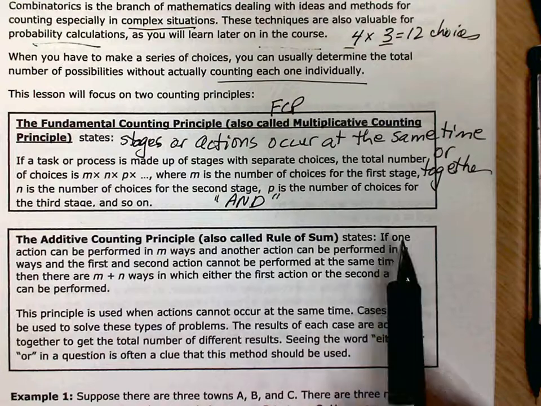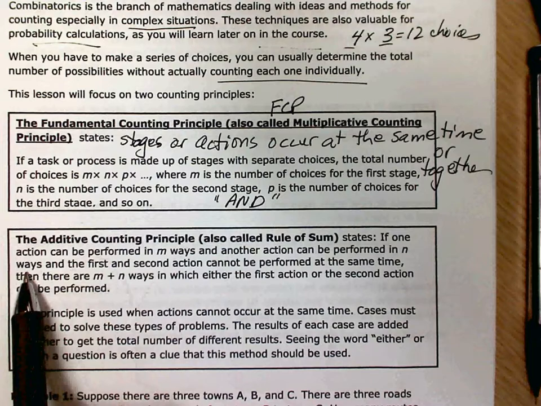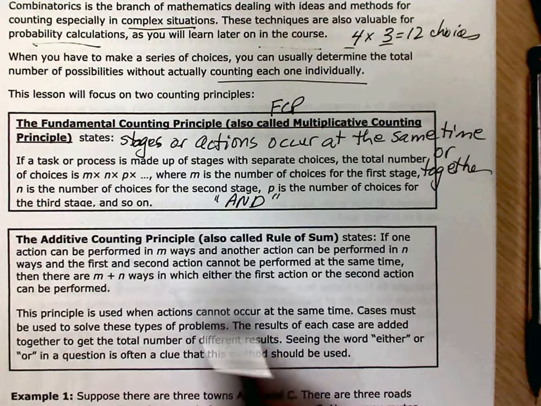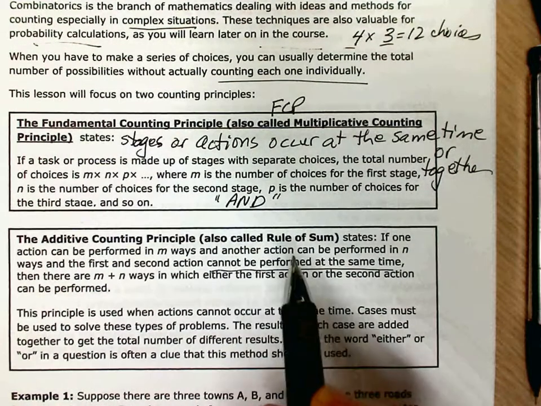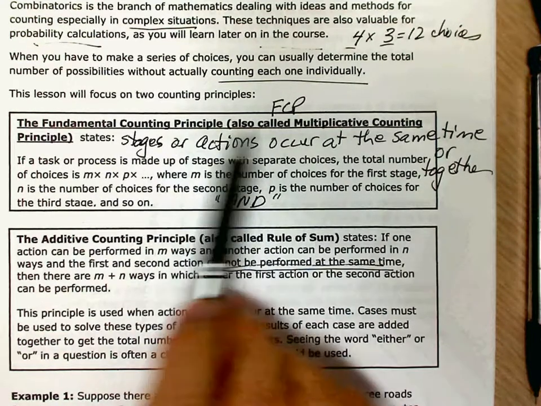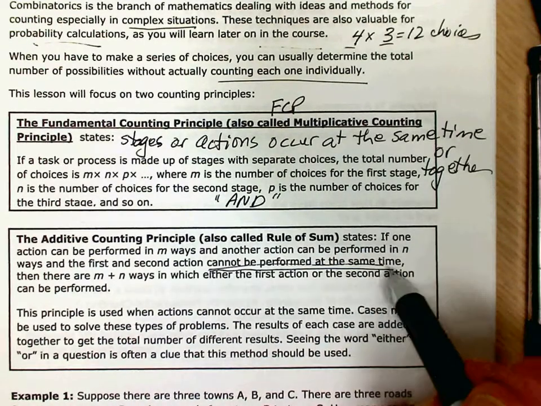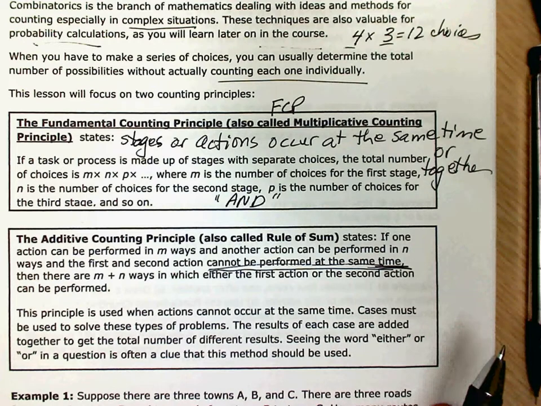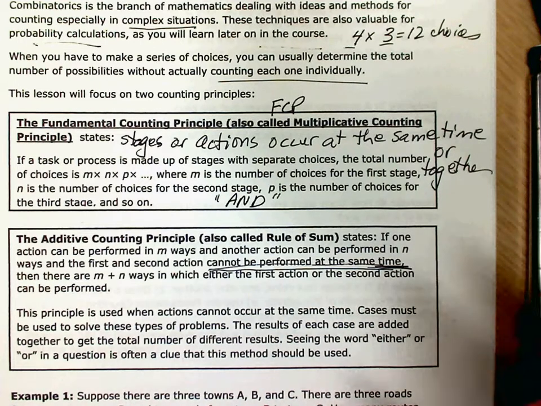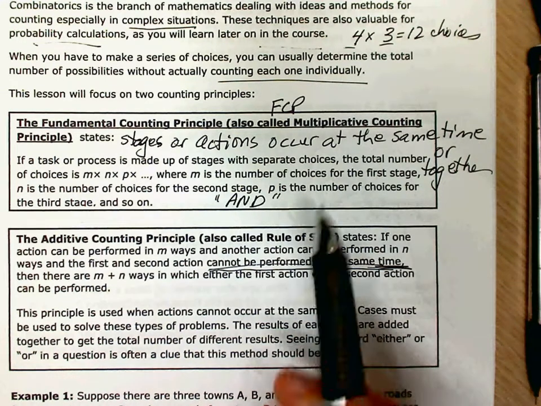The additive counting principle states that if one action can be performed in m ways and another action can be performed in n ways, and they cannot be performed at the same time, that's where it's different from this. These actions can occur at the same time, and stages or actions cannot occur at the same time. Like when you roll a die, you either roll a 2 or you roll a 3. You can't roll a 2 and a 3 at the same time because you're only rolling one die, right? In this case, we add them.